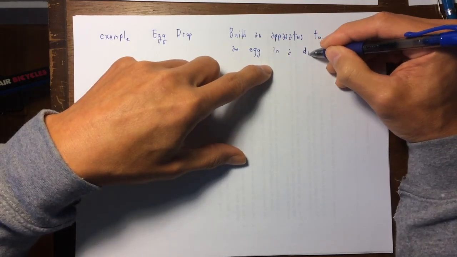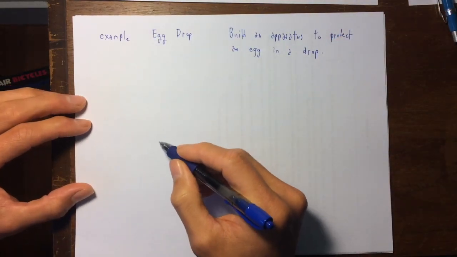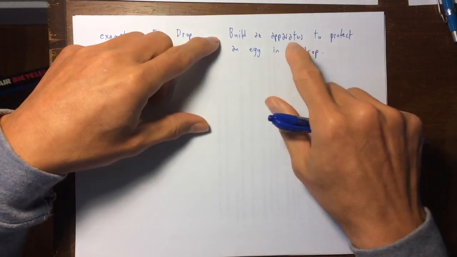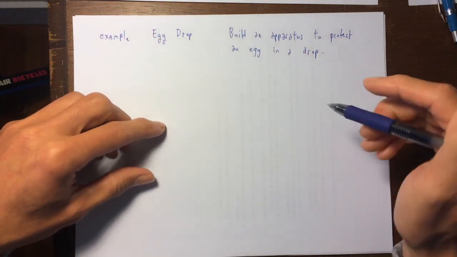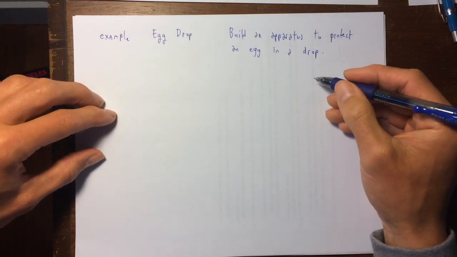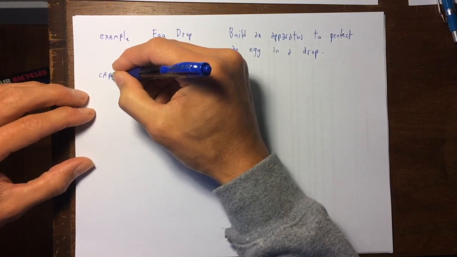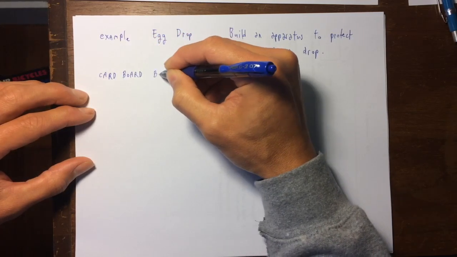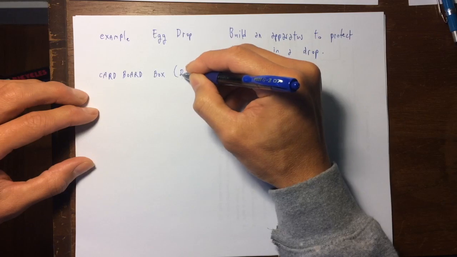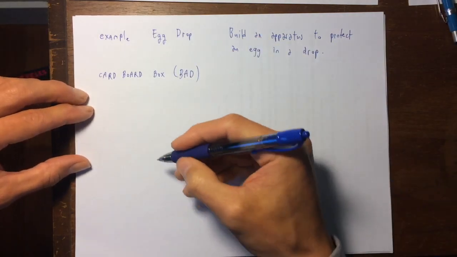in a drop. So what that might look like is, let's pretend that the apparatus you build is just a little cardboard box. And you'll see that this is a bad, flawed design.